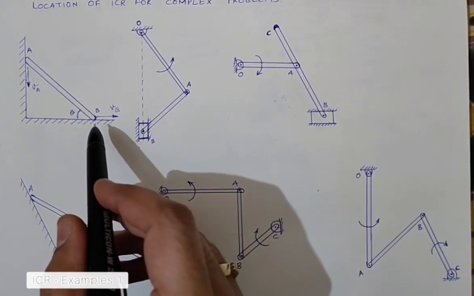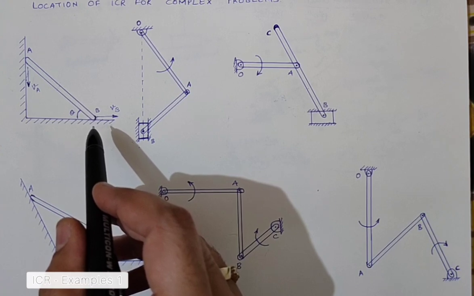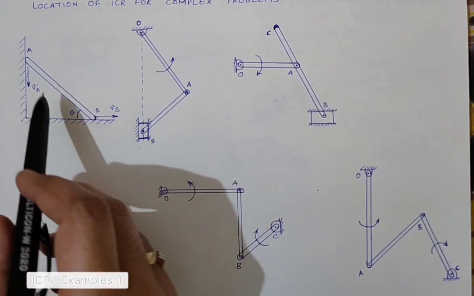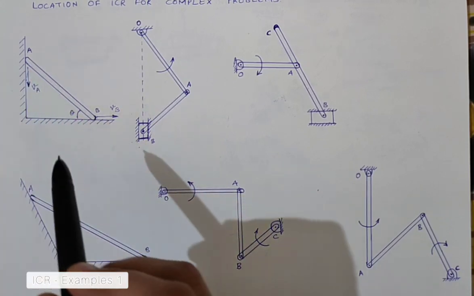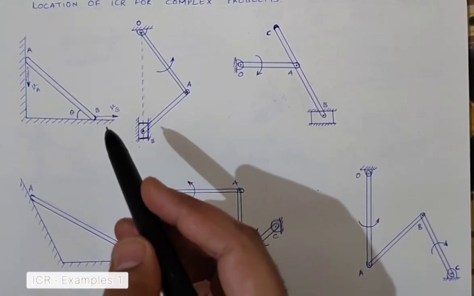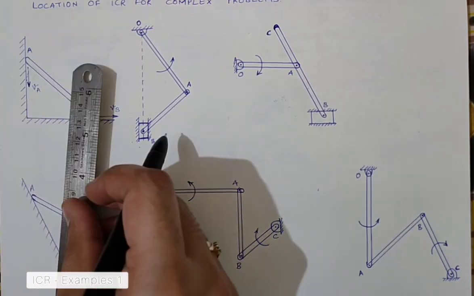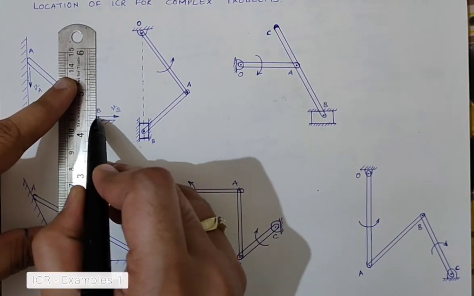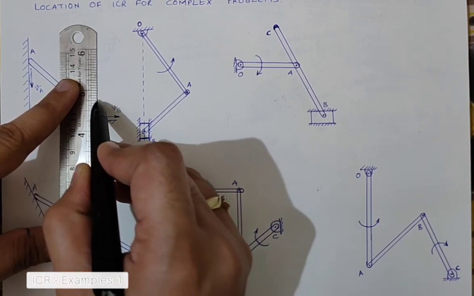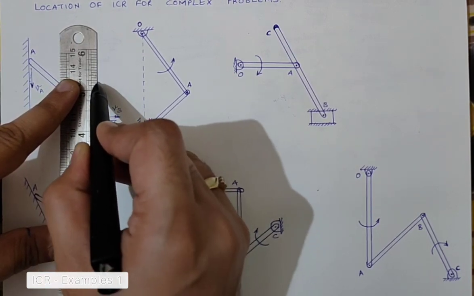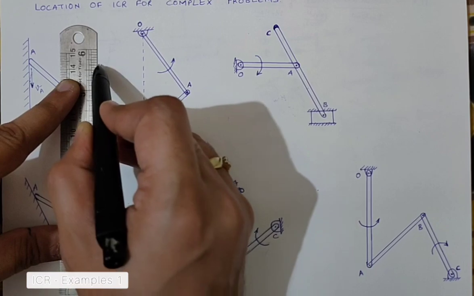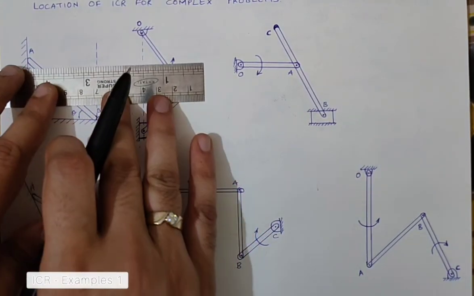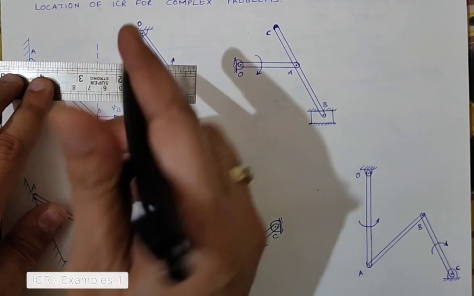So using that, I can simply draw perpendiculars from the given velocities, and the intersecting point of both the perpendiculars will give me nothing but the ICR. So let us have a look where it is going to be located. I'll just draw a perpendicular over here, and in a similar way, a perpendicular from this side.